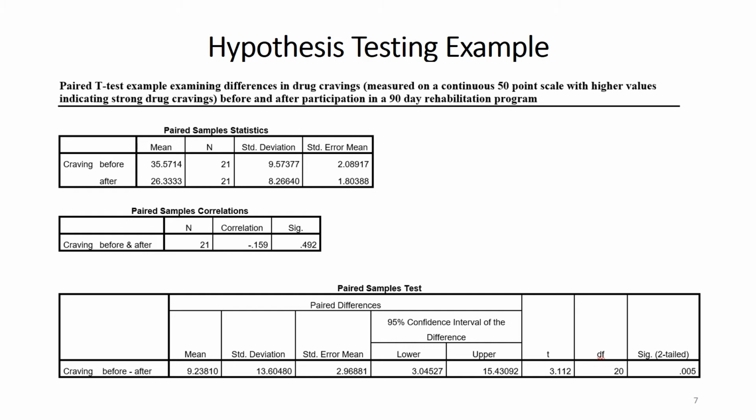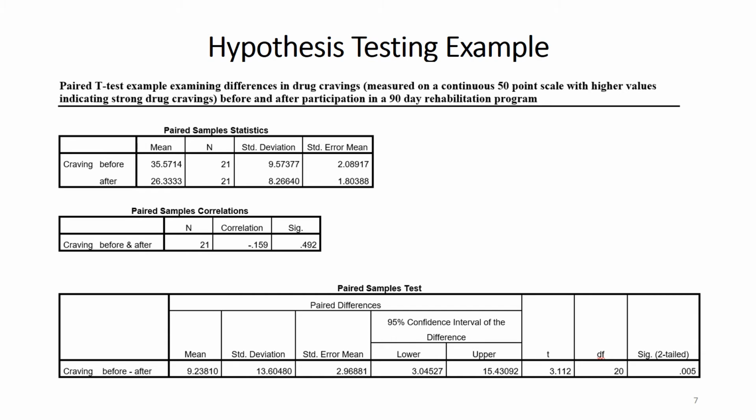You may recall from Pearson's R when we talked about correlations earlier in this semester, that's all that is. So it's saying there's a negative correlation between the before and the after. That's it. And then it has its own sig to see whether or not it is a significant correlation. But once again, we're not going to worry about that. So the paired samples correlations box, you can put an X through it mentally, at least for this semester. We're not going to be focused on it.